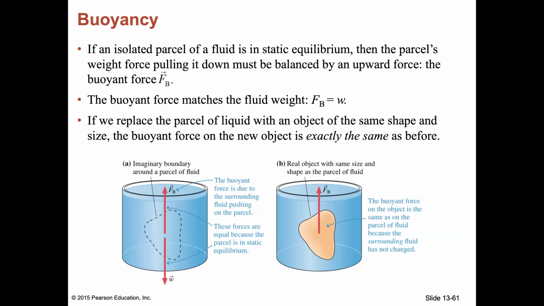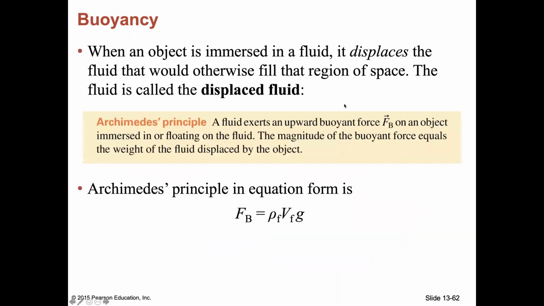That means the buoyancy force equals the weight. So after this experiment, a more general rule is that the buoyancy force matches the fluid weight. Or we can say, for the fluid itself, the buoyancy force equals the weight.